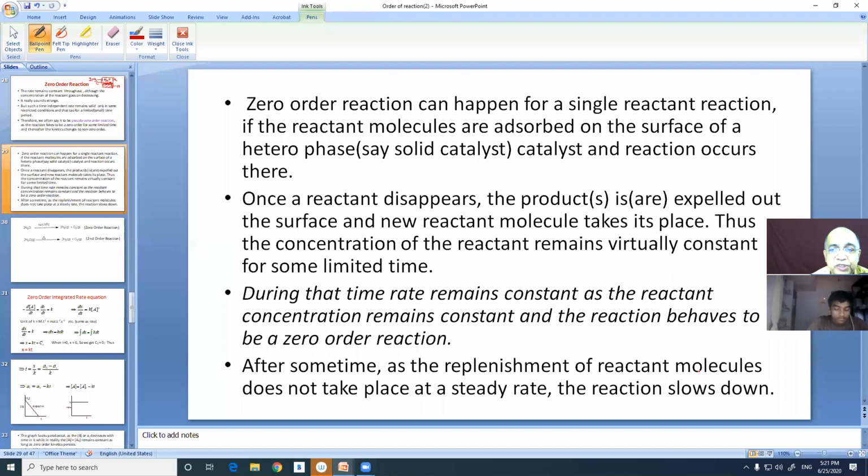Thus, the concentration of the reactant remains virtually constant for some limited time. During that time, the rate remains constant as the reactant concentration remains constant. The reaction behaves as a zero order reaction. After some time, as the replenishment of reactant molecules does not take place at a steady rate, the reaction slows down.